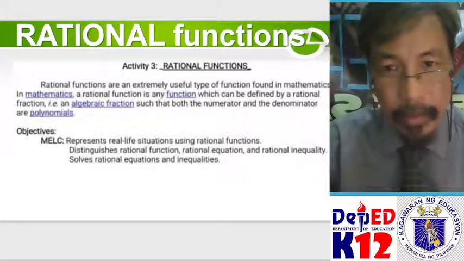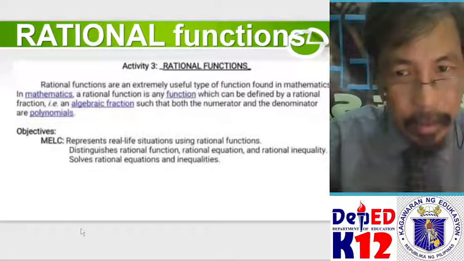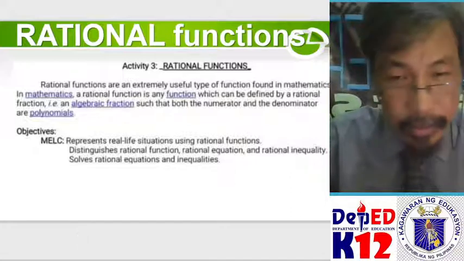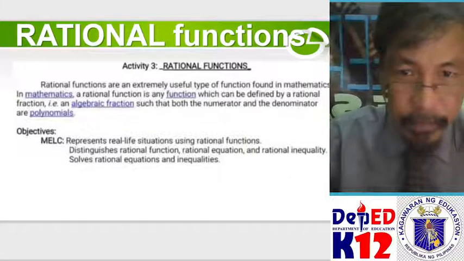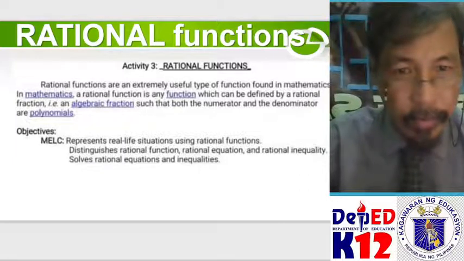That is the distinguishing characteristic of rational function, equation, and inequality.